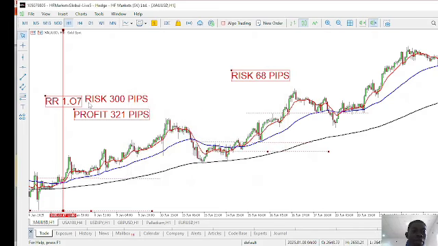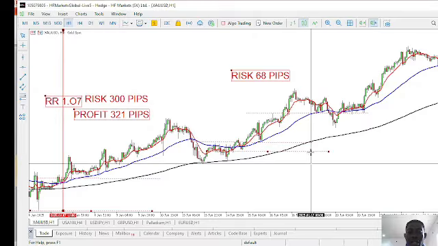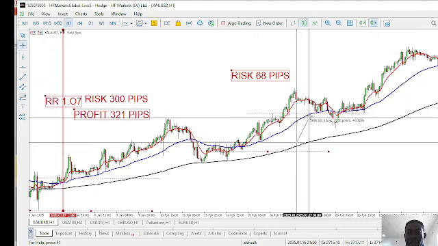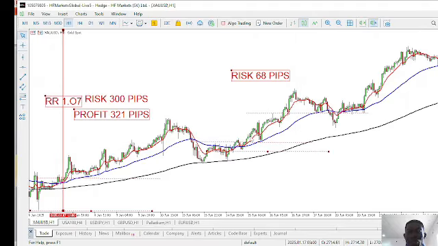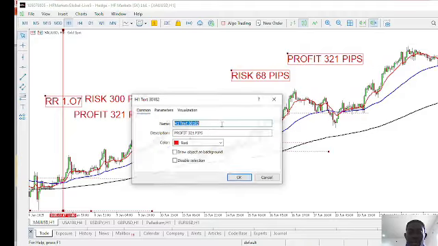And then my profit this time around, how many pips is that? My profit is 266 pips. That's remarkable. Can you imagine that? 266 pips.